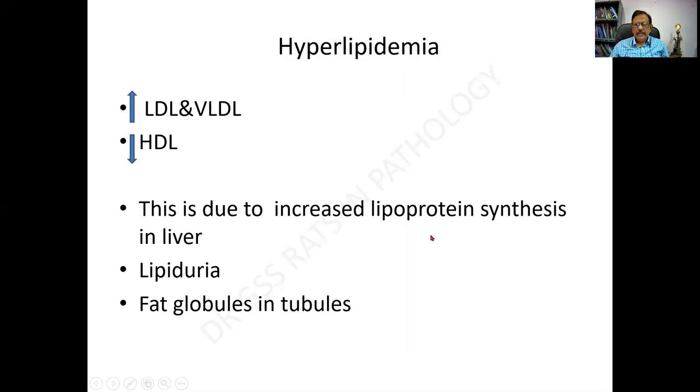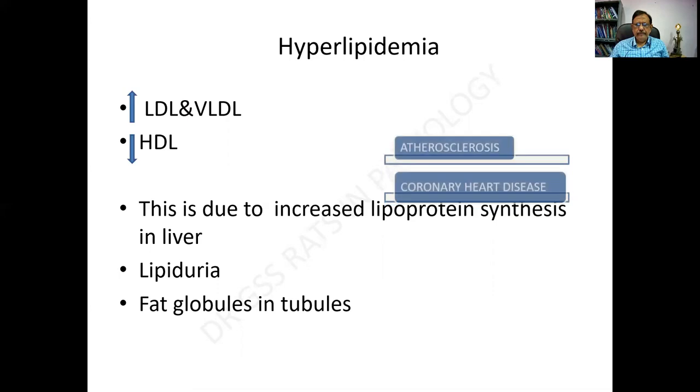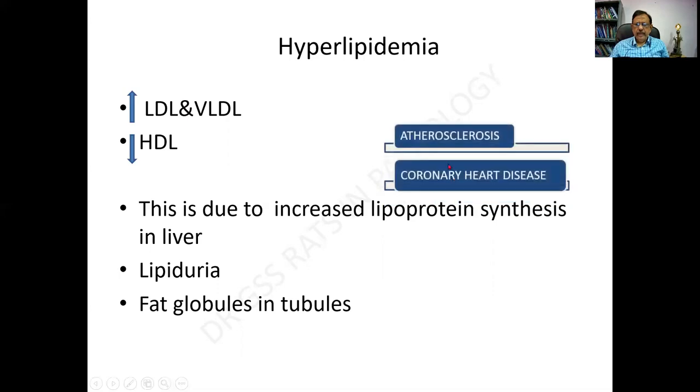And this increased amount of synthesis can occur in the liver. Owing to the excretion, there can be fat globules which can be present in the tubules. They reabsorb, and I find empty vacuoles in the tubules. So that is hyperlipidemia. And they say that nephrotic syndrome can be associated with atherosclerosis as well as coronary heart disease.